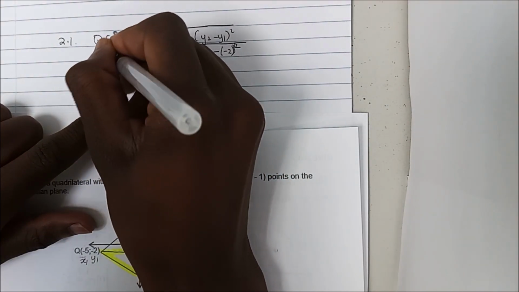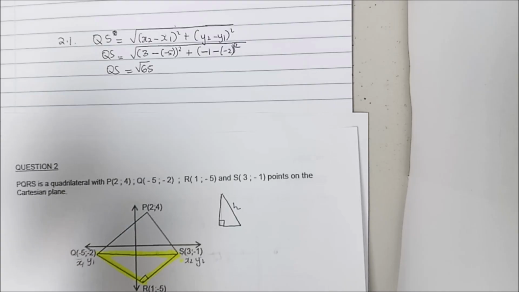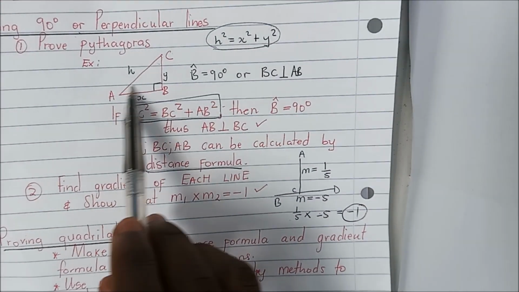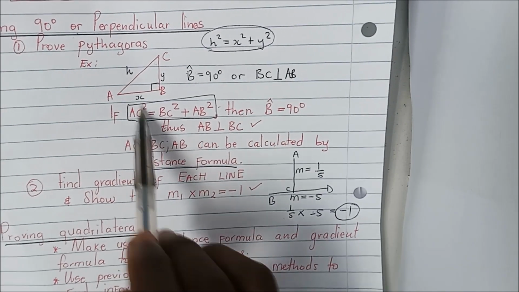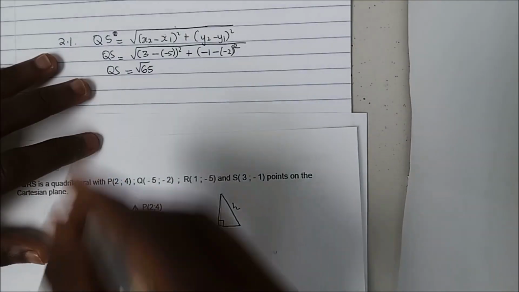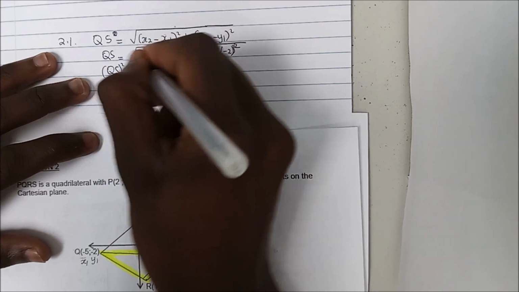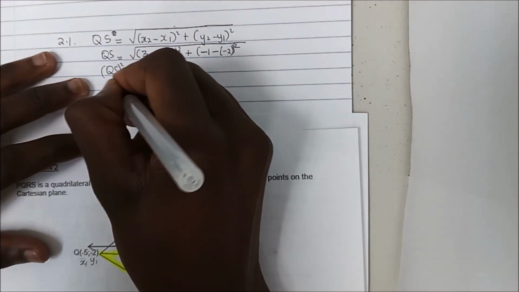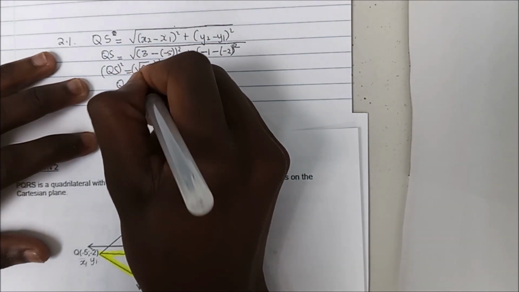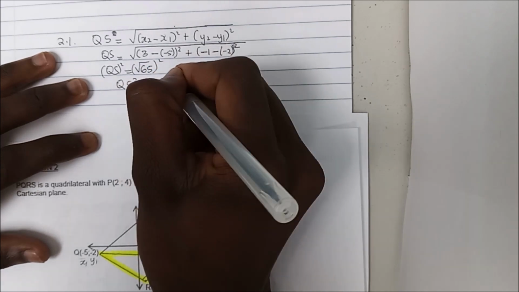So that's QS. But remember, we said we need the squared, so we need to square both sides. So QS squared will be 65.